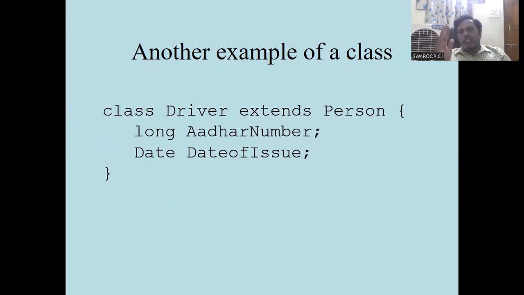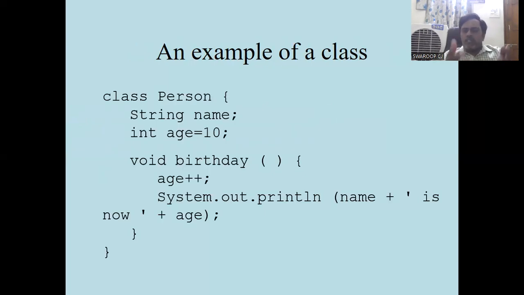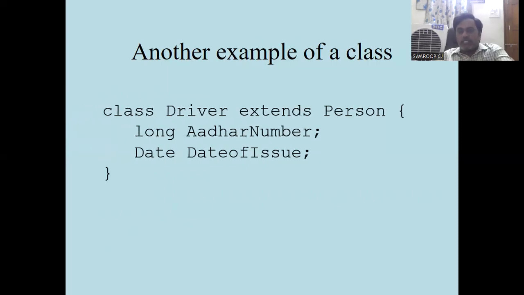So inheritance is nothing but the concept of acquiring the properties of one class by another class. What are the properties here? Simply the properties are nothing but the member data. So in this case, we can observe that we have name and age here. Those name and age can also be utilized in the driver class. The concept is simple: the properties that you defined in the first class can be utilized in the second class. This funda is called inheritance simply.